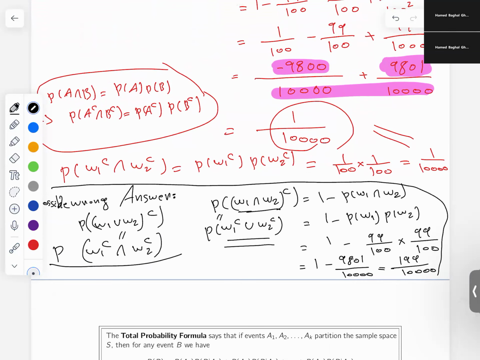So for the rest of your life, neither means W1 complementary intersection W2 complementary. Neither is more important than this question. This question is finished, but you will encounter other equivalent questions in other places, maybe not in the final exam, but in proper job applications.